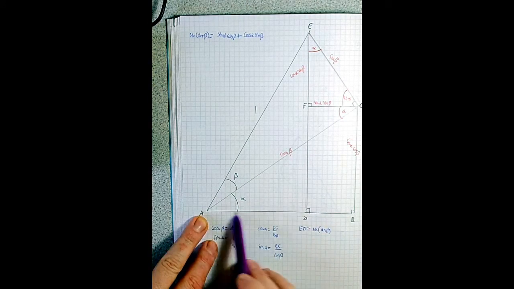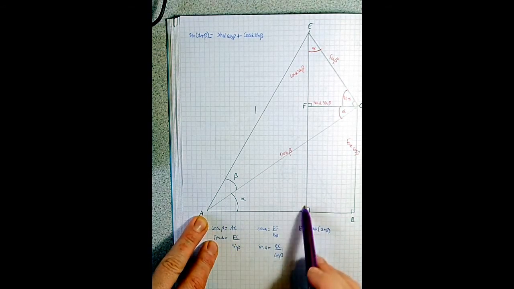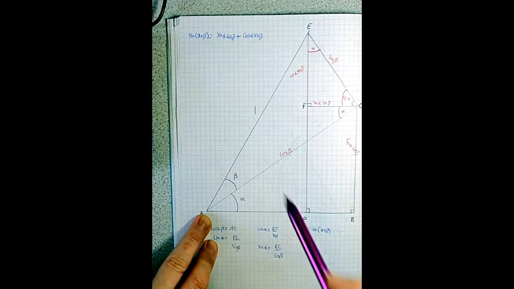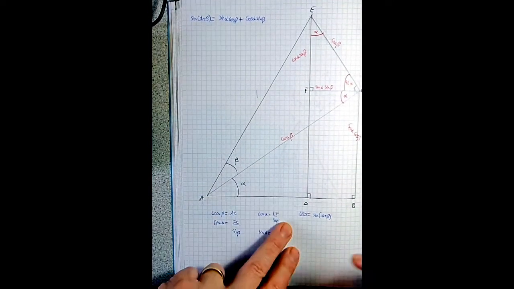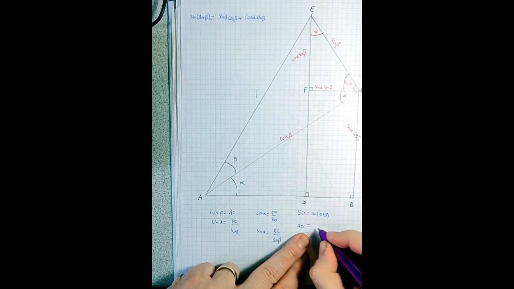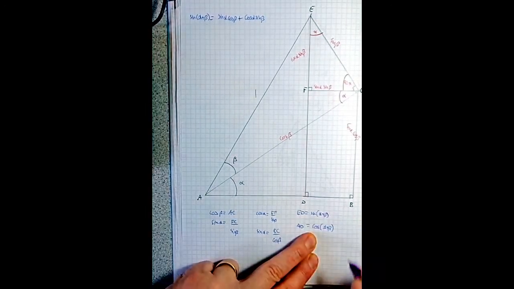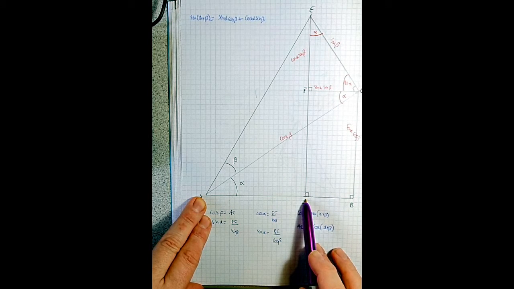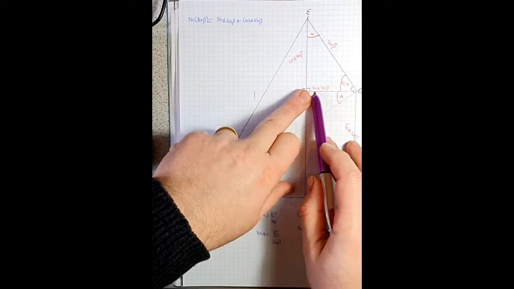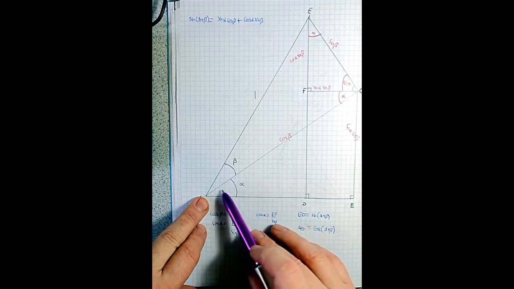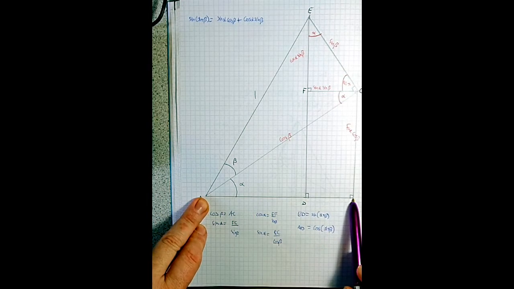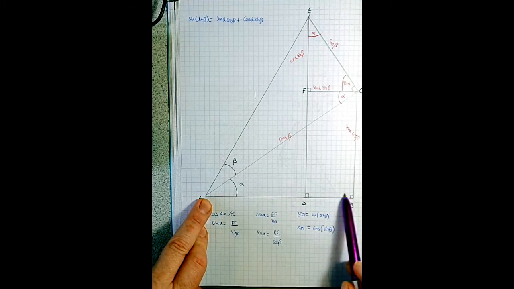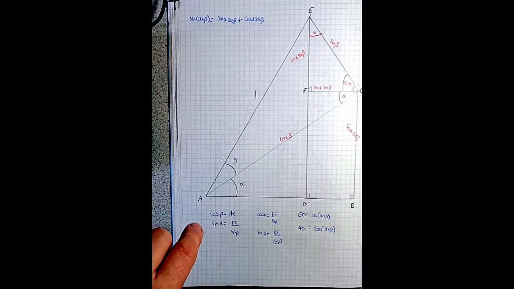If I look at AD in my big triangle, the cos of alpha plus beta is AD over 1. So AD is cos of alpha plus beta. So again, I can say cos of alpha plus beta plus sine alpha sine beta equals, what's this side here? I haven't actually worked it out. Let's do this one again.